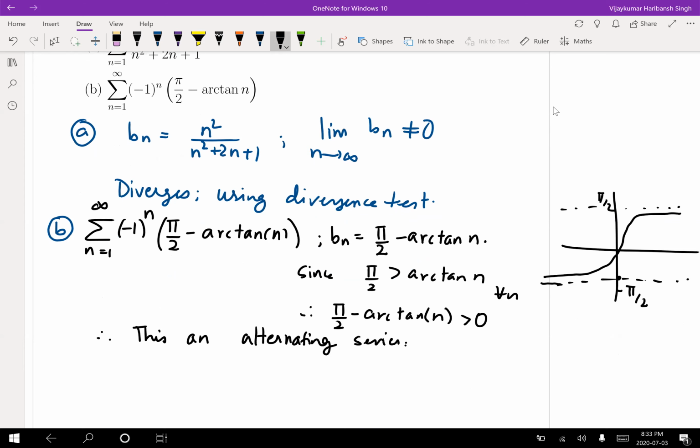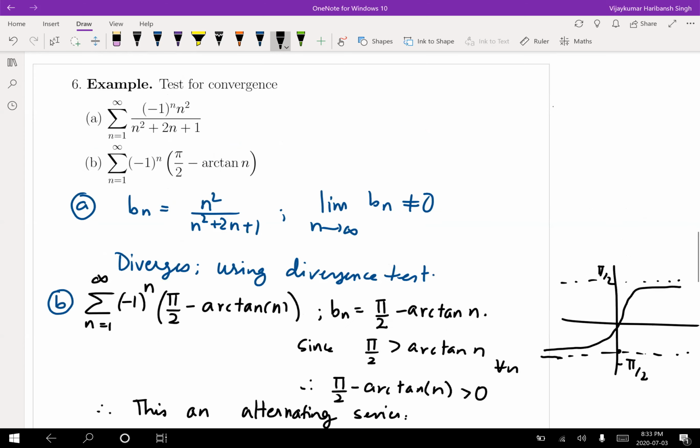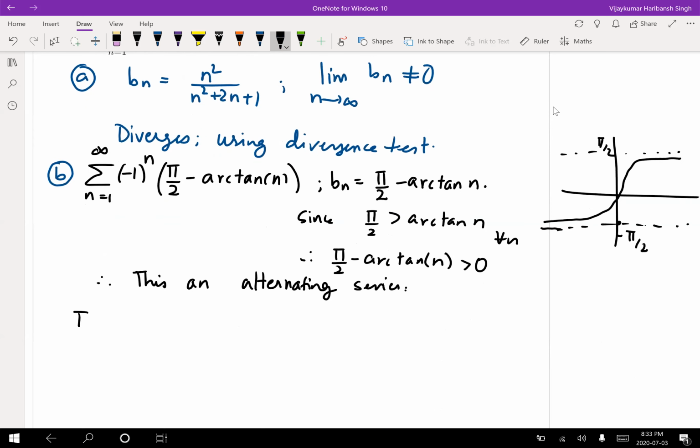So this is an alternating series, right? So that's one. Now we need to see: is Bn plus 1 less than Bn? How do we show that? Or in other words, is pi by 2 minus arctan of n plus 1 less than pi by 2 minus arctan of n?